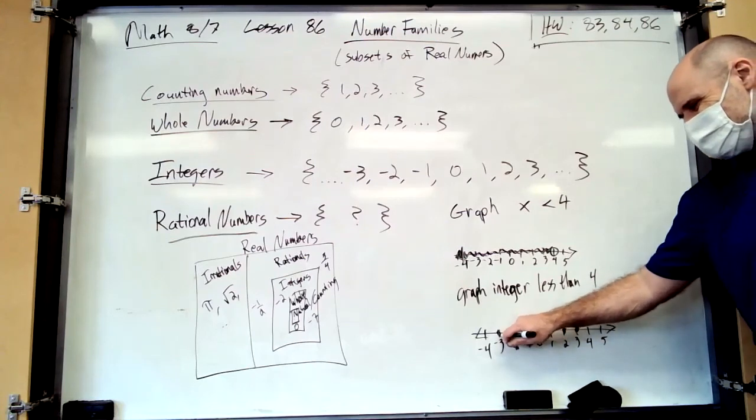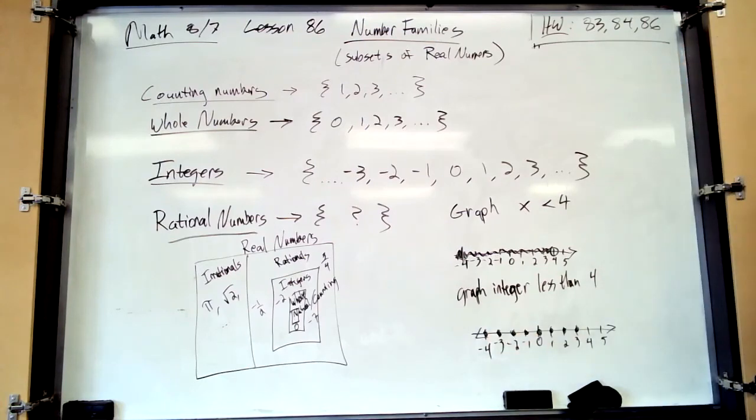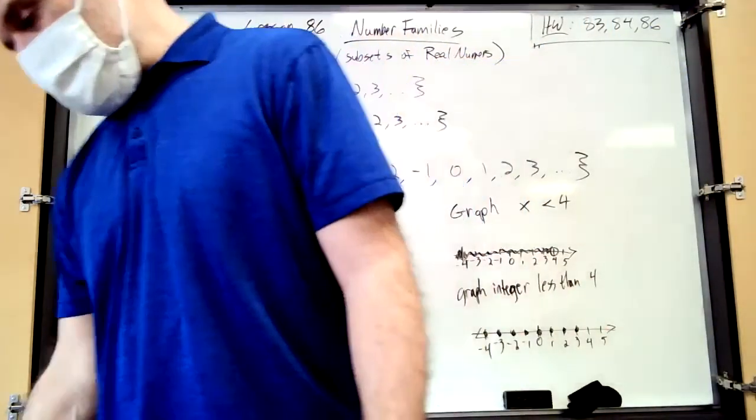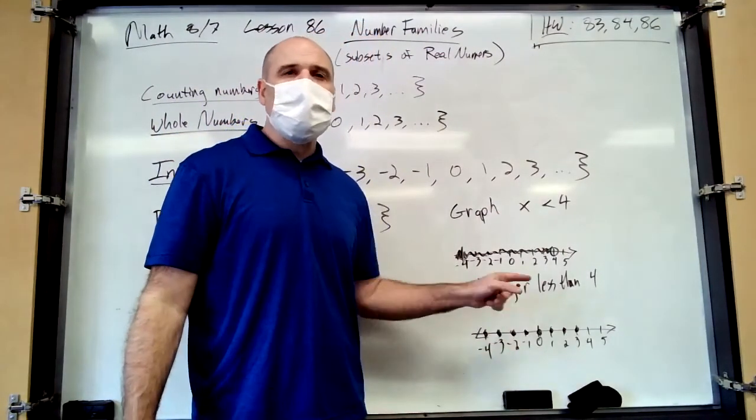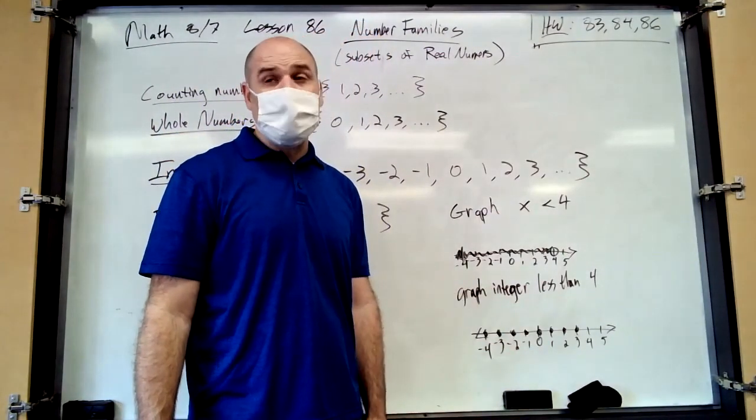Now, if I just said graph all the counting numbers less than 4, what would you do? Just 1, 2, and 3. If I said graph the whole numbers less than 4, what would you do? 0, 1, 2, and 3, right? So this is restricting what kind of numbers they want you to graph.